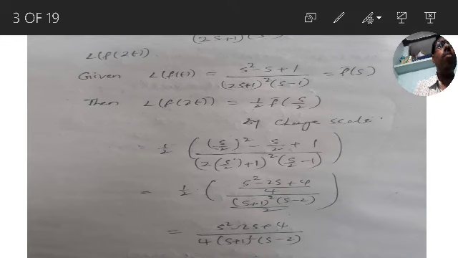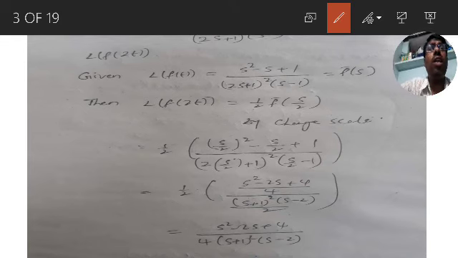So what the problem says, what is given, L of f of t. What is L of f of t? It is given, (s square minus s plus 1) by (2s plus 1) whole square into (s minus 1). That is the given thing, say it is f bar of s.